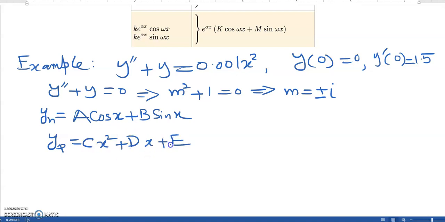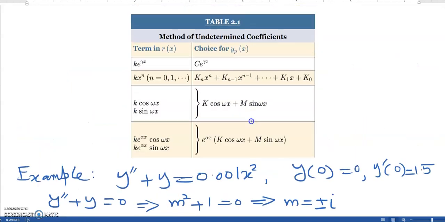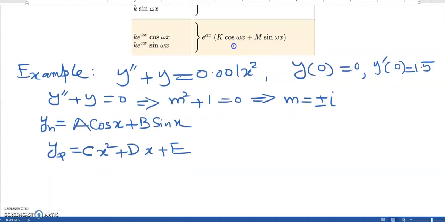So if it will be there in this form, then we will need to determine the coefficients C, D, and E. C, D, and E are undetermined coefficients. That's why the name of the method is the method of undetermined coefficients. So these undetermined coefficients have to be determined.